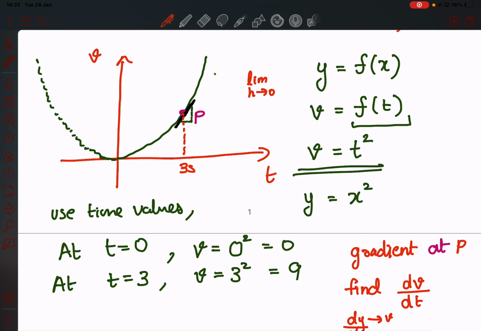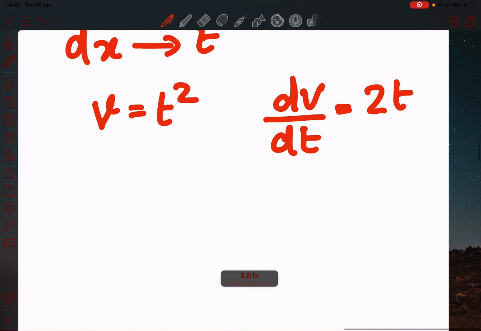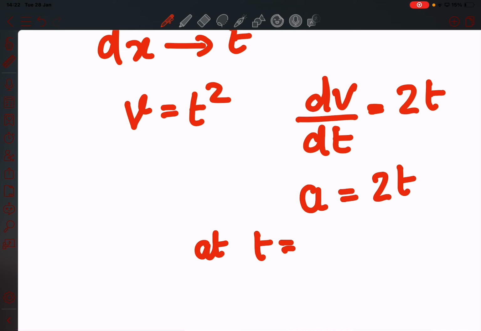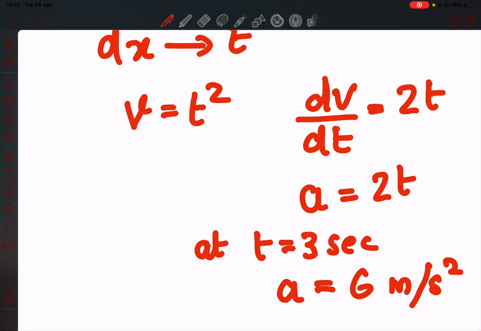If I want to figure out the acceleration at 3 seconds, dv over dt, in fact, gives me acceleration, which is equal to 2t. If acceleration is equal to 2t, then at time equals 3 seconds, the value of acceleration would be equal to 6 meters per second squared. So that is where differentiation and mechanics come together.